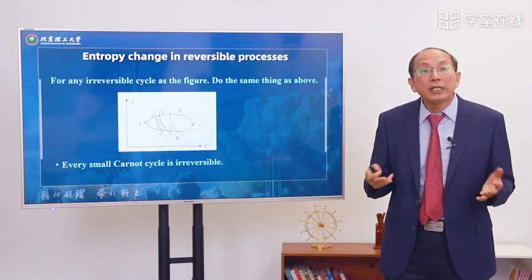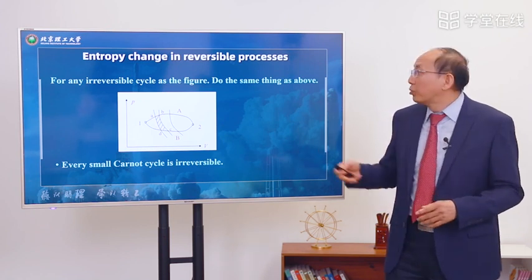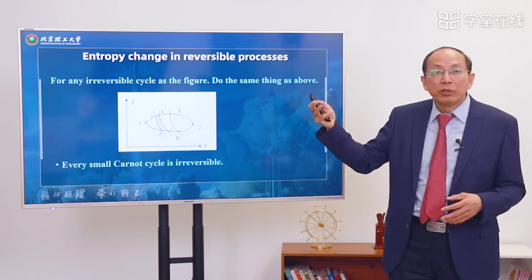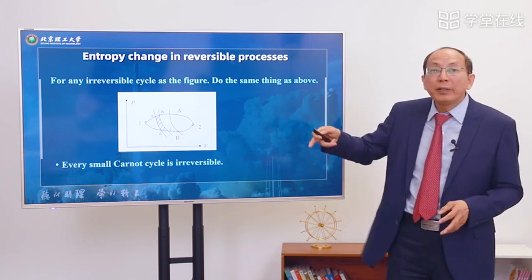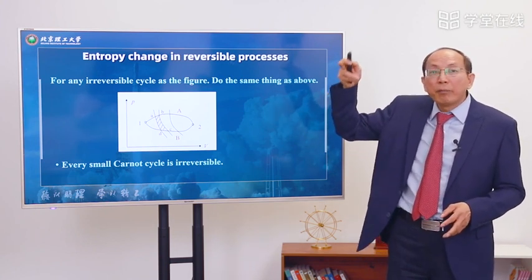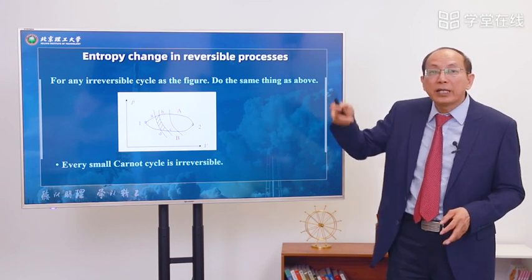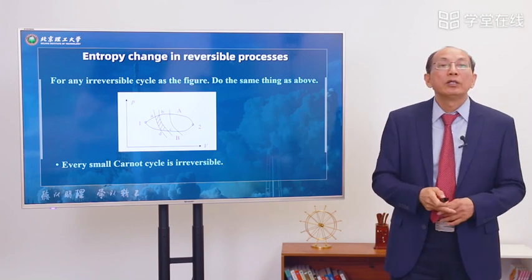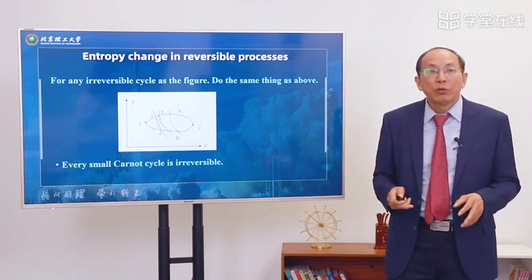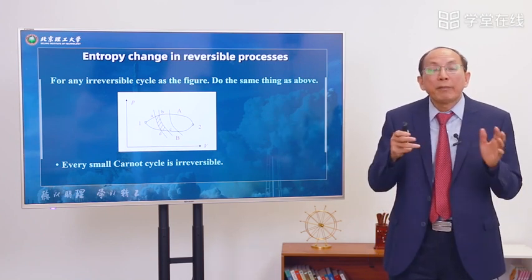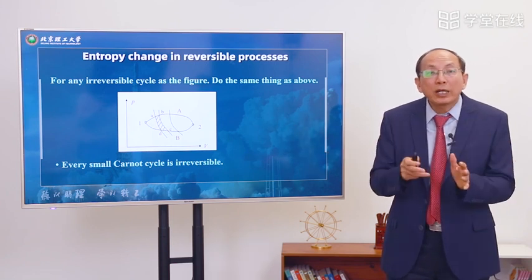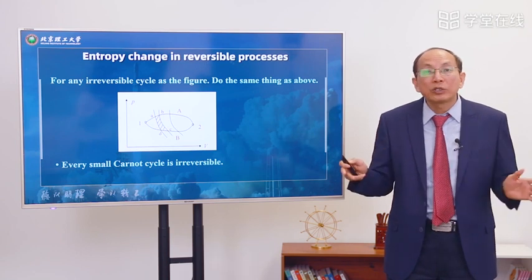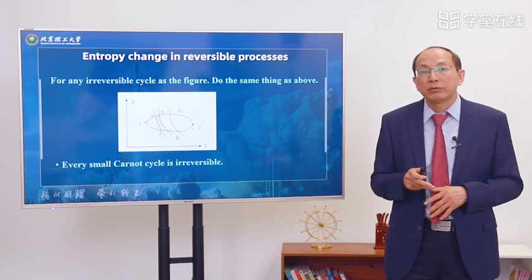If it is an irreversible cycle, we do the same thing as above. We use many small adiabatic lines to cut this cycle, and we obtain many small Carnot cycles. However, these small Carnot cycles are not reversible cycles.